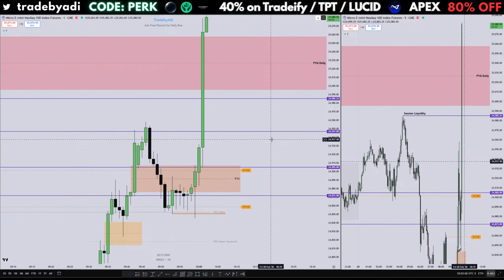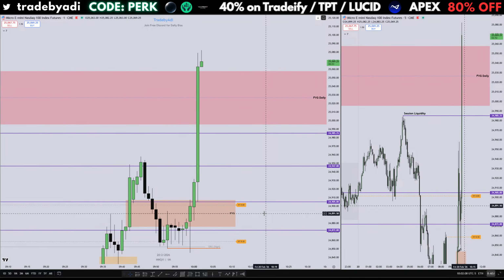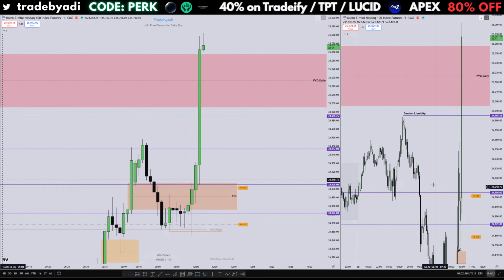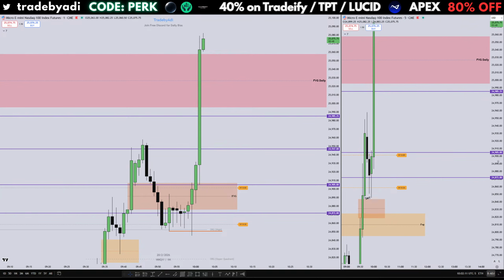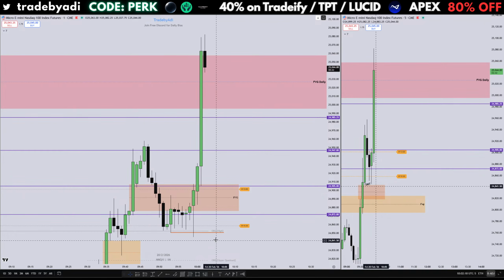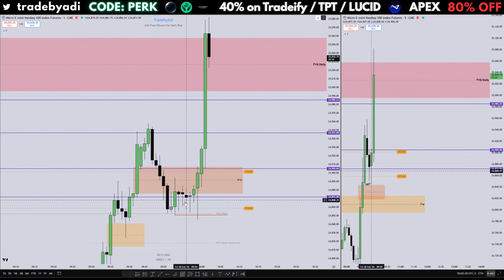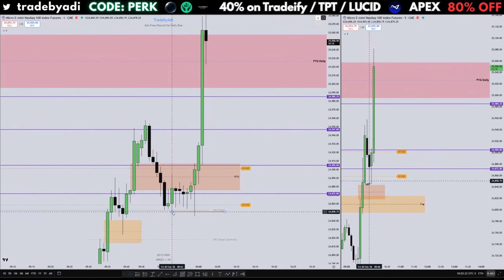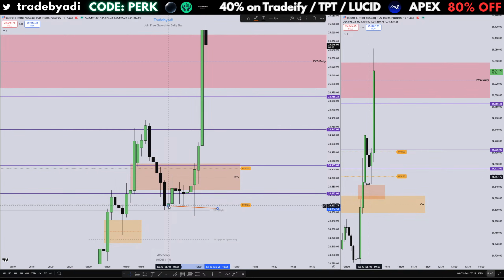By the way, do you like how I check the PD arrays and how I react on those things? How I take some kind of confirmation, if price is not doing what I wanted it to do, like we were waiting for this order block, but we never had it, the change in state of delivery.